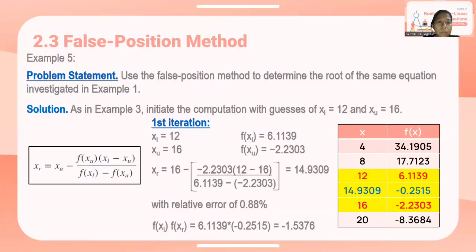For example 5, the problem is to use the false position method to determine the root of the same equation investigated in example 1. Solution. As in example 3, initiate the computation with guesses of xl equals 12 and xu equals 16.